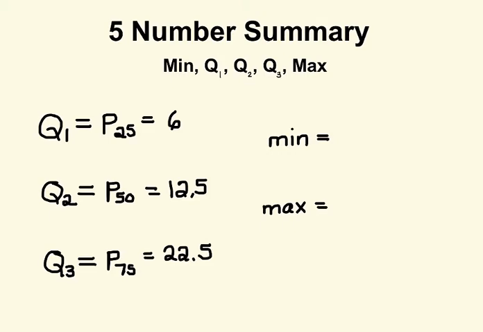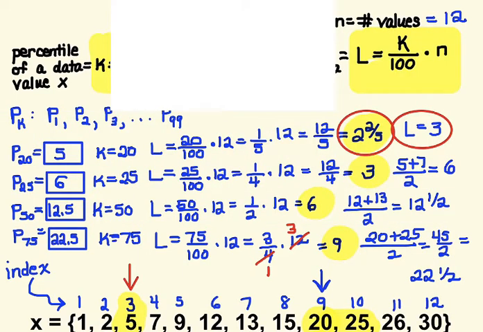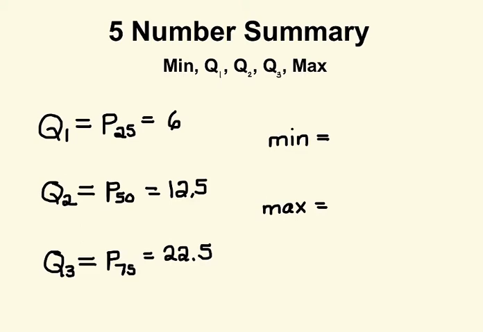If I go back to the original data set, on the bottom you see I have 12 data values. The lowest one is 1, the highest one is 30, and there are 12 of them. So my minimum value is 1, and my maximum value is 30.